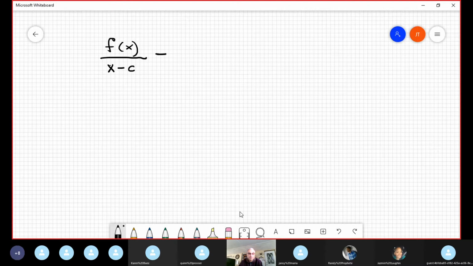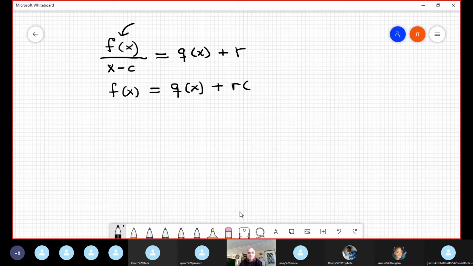The answer is a quotient. By the way, the degree of this is m minus 1. No? You reduce the degree. Plus remainder r. In other words, you multiply everything by x minus c: f of x is equal to q of x times x minus c, plus r.